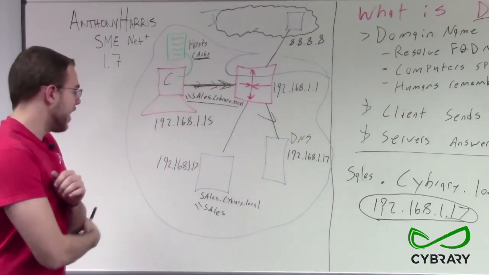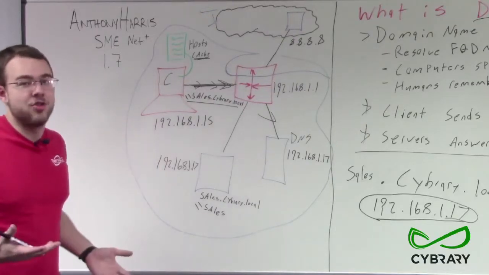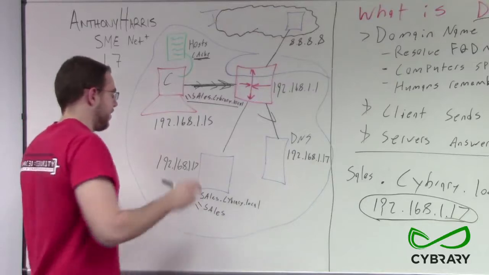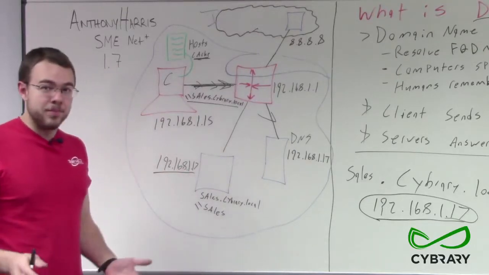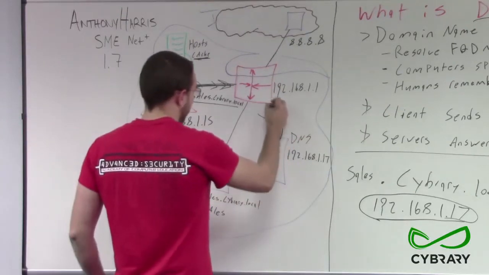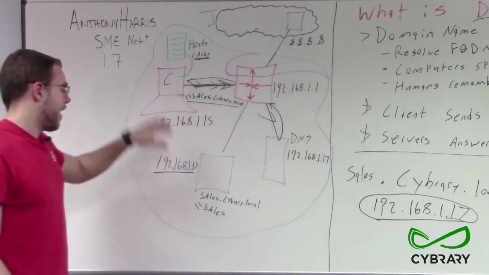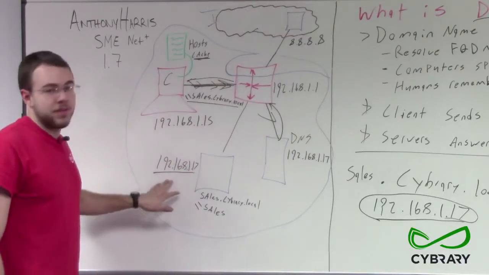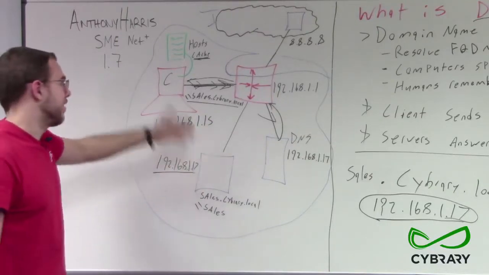Now, our internal DNS is going to look for sales.cybrary.local, and it'll find it in its entry. And it's going to say, oh, okay, sales.cybrary.local is 192.168.1.17. So it found it. So our DNS server is going to return our query and let us know, okay, hey, I found sales.cybrary.local and it's at this address. So then our computer just simply goes to that address after that, and it saves that search in its cache.